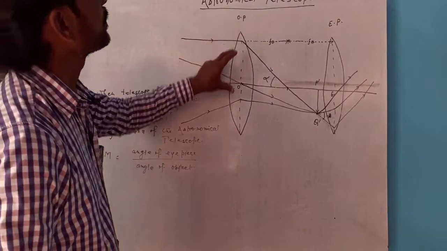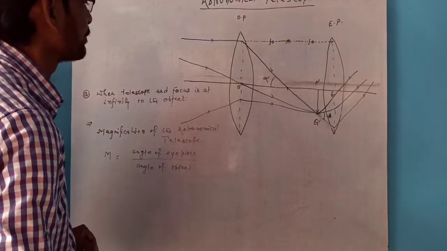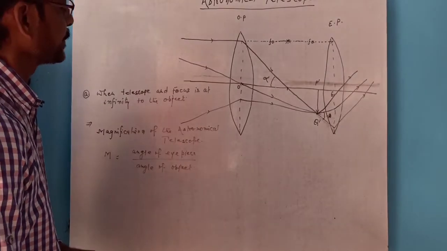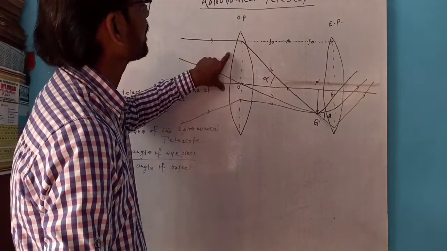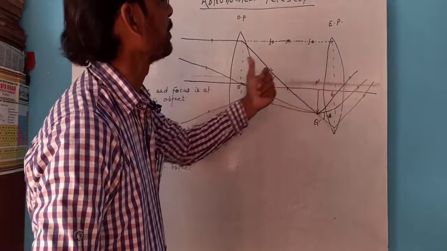The apertures of both objective and eyepiece are large, but the focal length of the objective piece is larger than the focal length of the eyepiece.